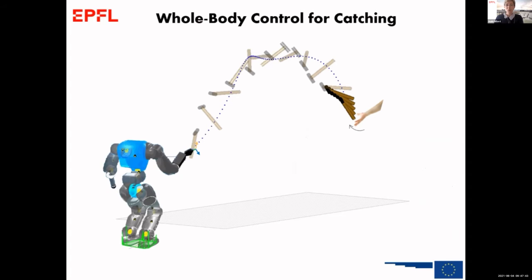Now we tried to do the same with a full humanoid robot, and I will explain to you how we did that. So similar problem, we need to be able to predict the object trajectory. So for that, we use the same system as before. And then we need to predict the best catching pose, which we can do by a generalized inverse kinematics model.